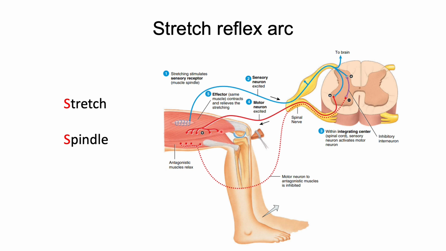This is an important reflex to oppose the stretching with contraction, preventing overstretching and protecting the muscle fibers. This reflex will happen so fast, and that's why it's called the dynamic stretch reflex. It will be done within a fraction of a second.